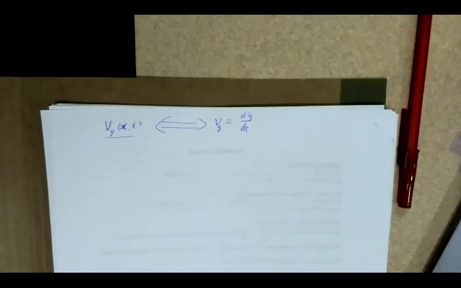Cosine should become sine, so that's where this sine is from. And when you differentiate cosine, it becomes not just sine but minus sine. So if you write this, there should be one step missing here. Let me write the whole thing here so you can see.